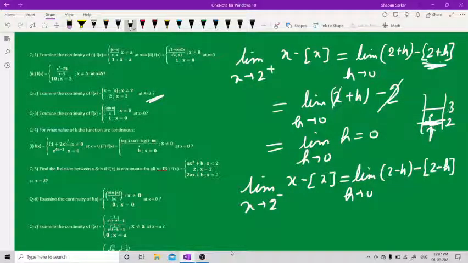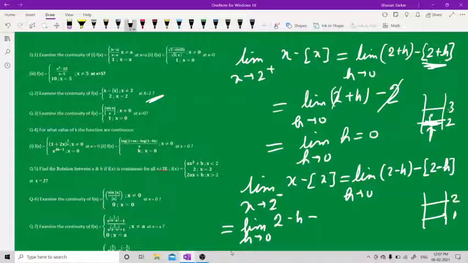Now again draw the ladder. 2 minus h means it is between 2 and 1. It is less than 2 but more than 1. So it will come to the floor, to 1. So this will give me 1.